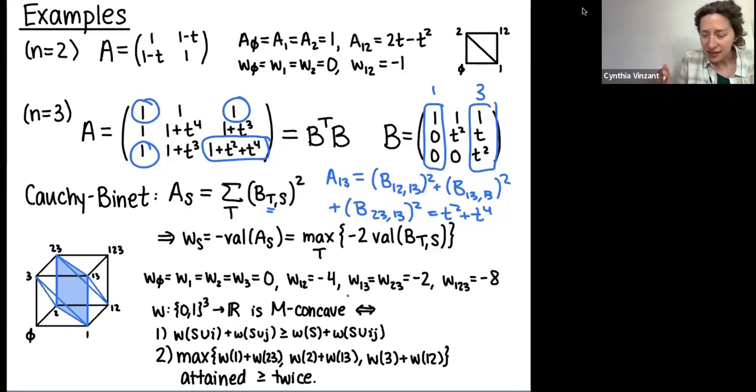And so when we take the negative, we get W13 equal to minus 2. You can check my math for all of the rest of them. So we take all 8 principal minors, we take their negative valuations, and we get some function on the vertices of the 3-cube.